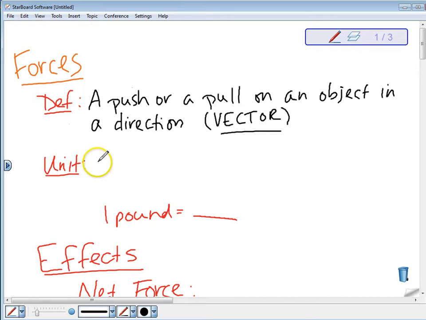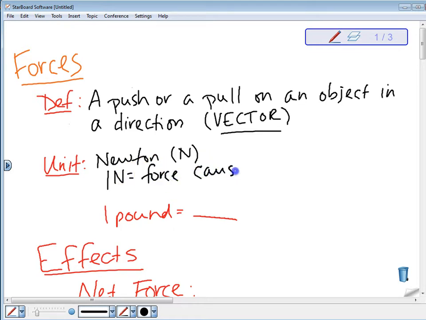In science, we use the Newton as our unit. It's abbreviated capital N. 1 Newton is exactly the amount of force that will cause a 1 kilogram object to accelerate 1 meter per second squared.